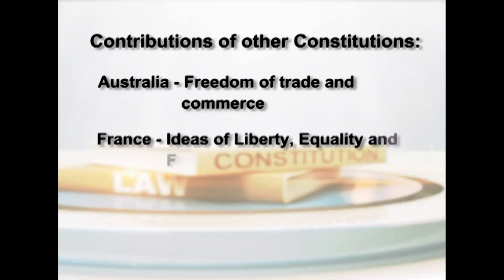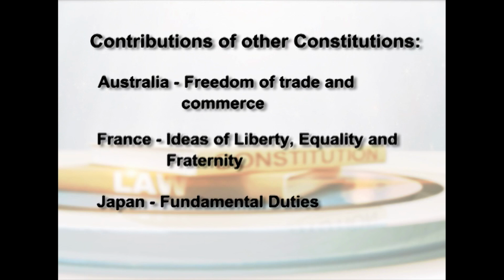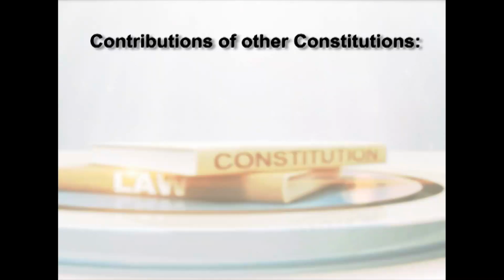India is a democratic country and we must bow down to the French Constitution for guiding us with its ideals of liberty, equality, fraternity. Japanese Constitution has contributed to the framing of our Constitution with its unique form of fundamental duties, and it teaches us the rights are allied with duties. They are two sides of the same coin.